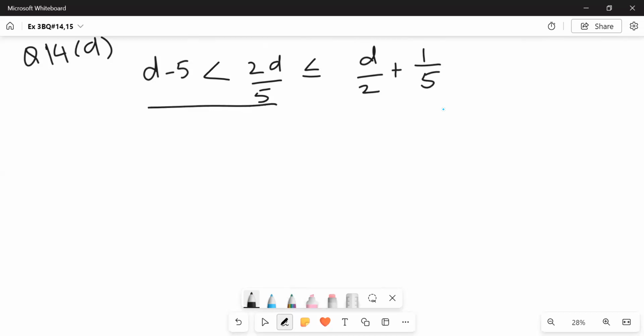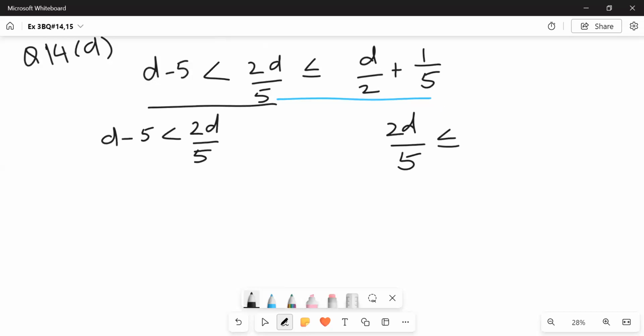First take this one, D minus 5 lesser than 2D over 5. Secondly, we take this one, 2D over 5 lesser than or equal to D over 2 plus 1 over 5.